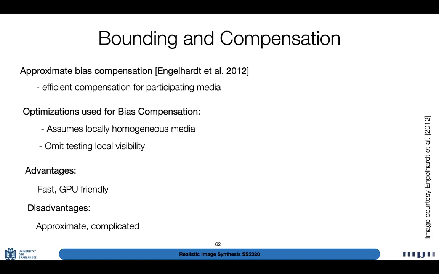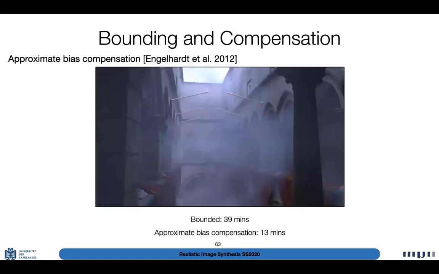And we also saw this voxel grid approach, which already assumed that. They also don't perform any local visibility testing. Even under these assumptions, they still manage to get a good compensation for the lost illumination there. The disadvantage of this approach is that it's of course approximate and could be complicated to implement.